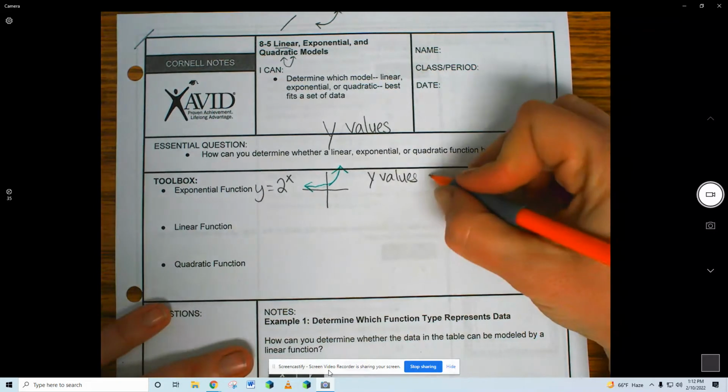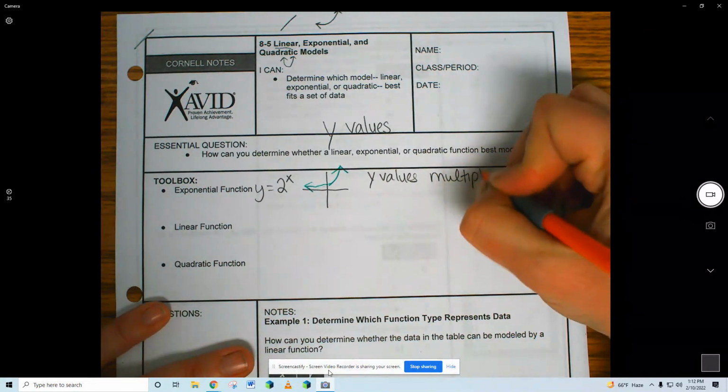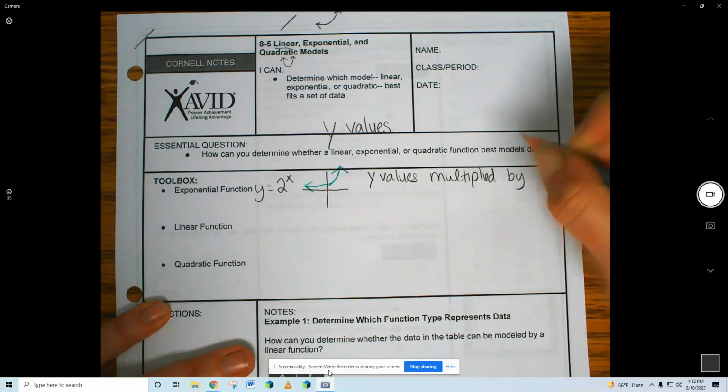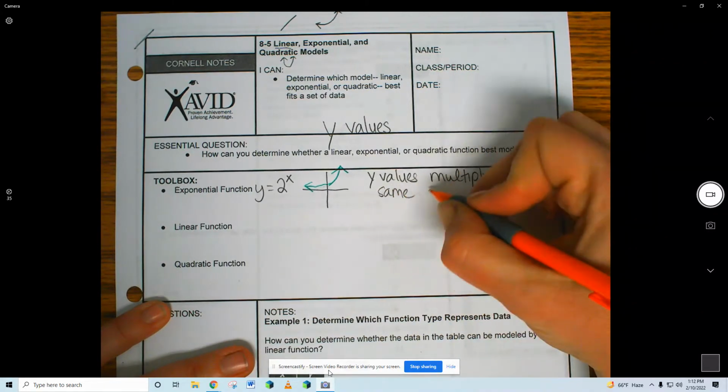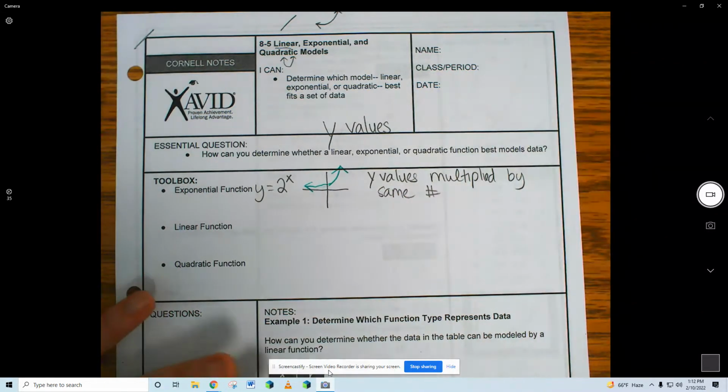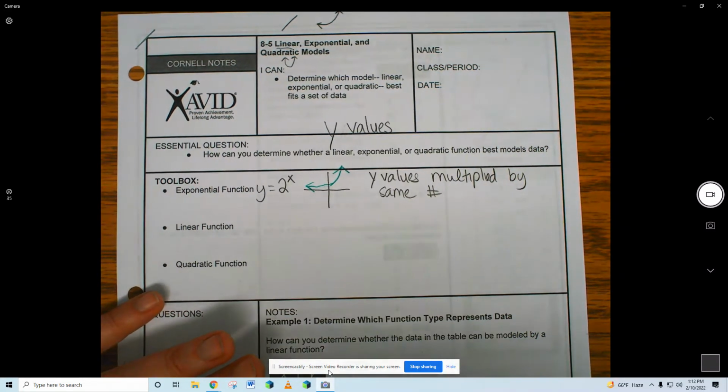The y values are multiplied by the same number. That number could be like 1/2. I could be cutting a number in half. I could be dividing by 4, multiplying by 1/4.